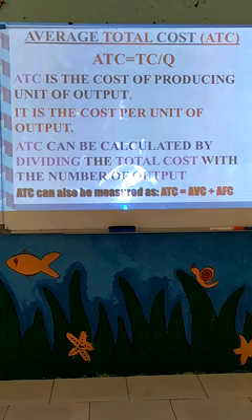It is the cost per unit of output. The AC is the cost of one unit of output. This can be calculated by dividing the total cost by the number of outputs. ATC can also be measured this way: average variable cost plus average fixed cost, we will get the same average cost.